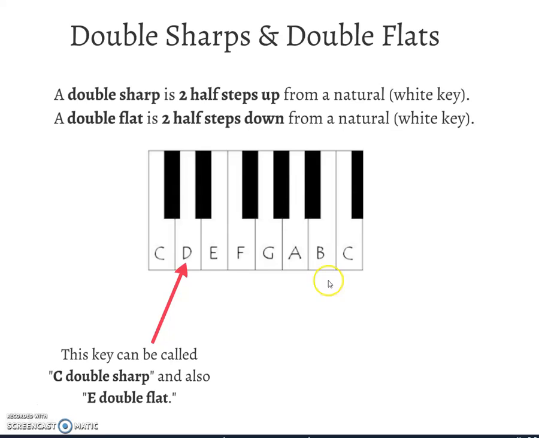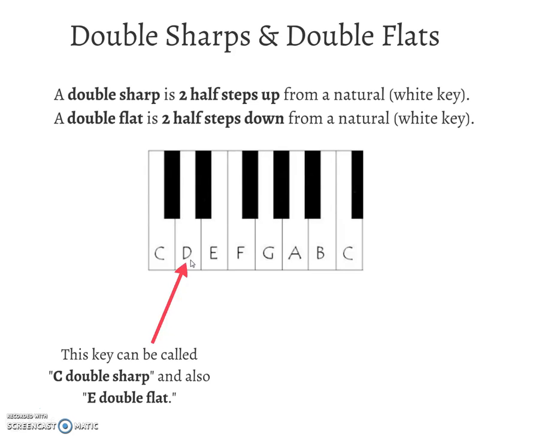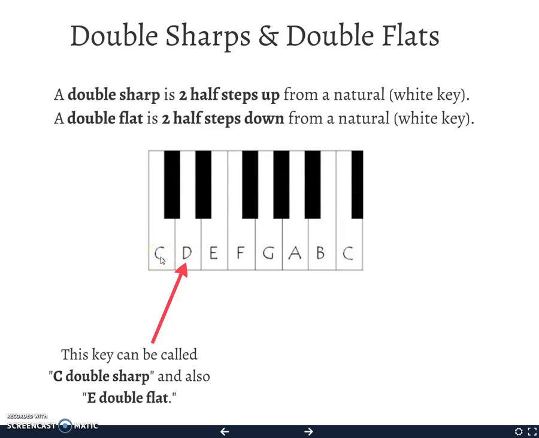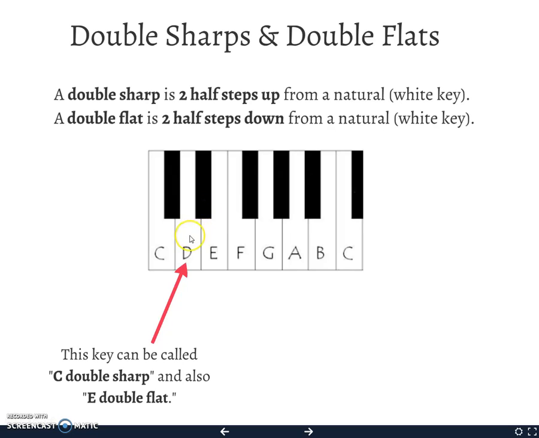Let's look at the key D. We can call this key C double sharp, and we can also call it E double flat. If we start on C and we go up two half steps, there's a half step, there's another half step, we end on D. So D is C double sharp, and we could also call it E double flat, E flat, double flat.